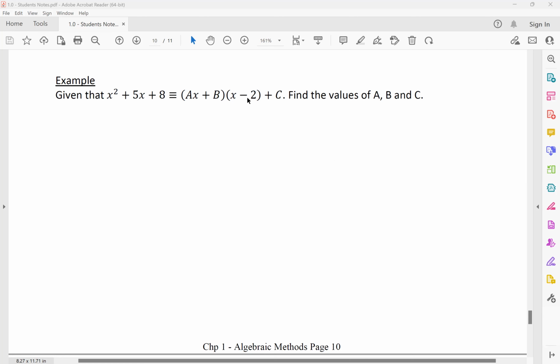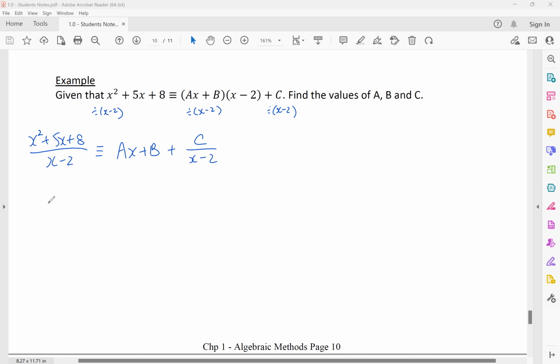So the proper way is to divide by x minus 2 on both sides, dividing every single term by x minus 2. Then you will have (x squared plus 5x plus 8) over (x minus 2) is equivalent to ax plus b plus c over (x minus 2). Then this becomes a very similar question to the example above.